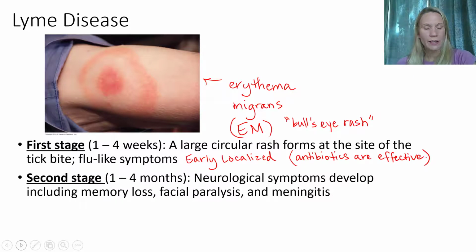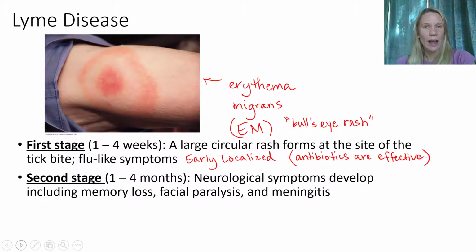So what happens is, let's say the patient doesn't show the rash and they just think they have a flu and they don't go in and get the treatment they need, then it will progress. And so the bacteria somehow enter the nervous system.